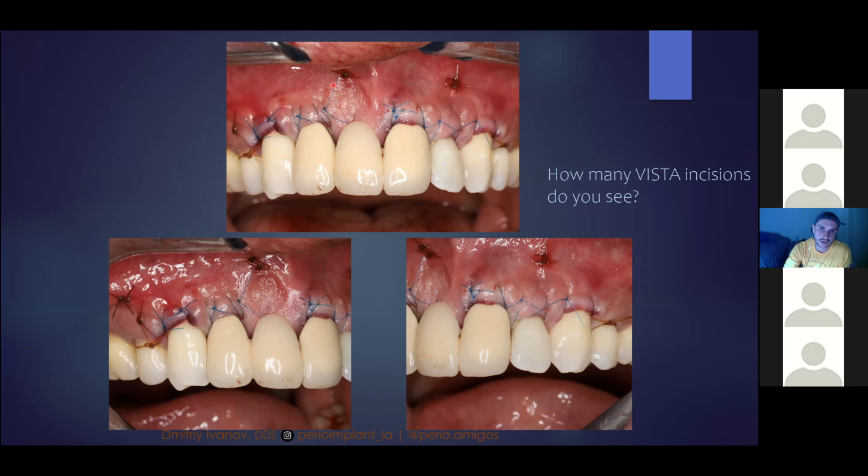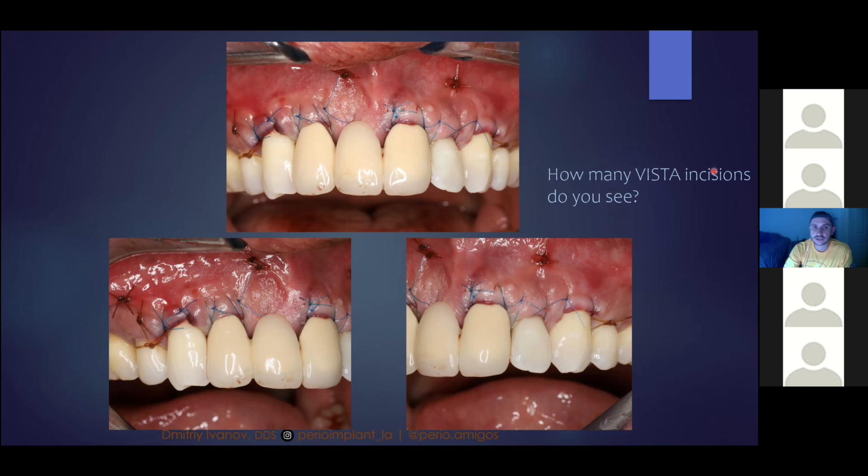Because you're trying to tunnel through that little incision coronally and distally. If you're covering this canine, you do have to go at least one tooth over to be able to release this tissue. Same thing on this side, you have to go beyond this premolar right here to release this tissue to be able to mobilize it really well, right?